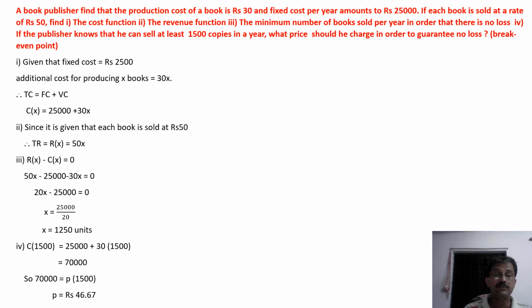So what is the price of each book? So 70,000 divided by 1500. So that will be 46.67. So if we sell one book at a rate of 46.67, we will guarantee no loss.